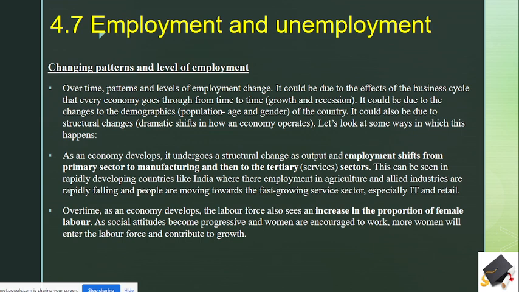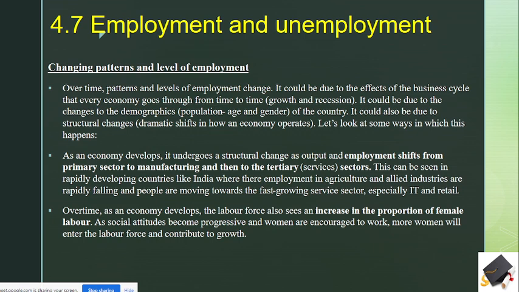The other one: as an economy develops, it undergoes structural changes as output and employment shift from the primary sector to the manufacturing sector and then to the tertiary one. If you remember, we already had a discussion on primary, secondary, and tertiary. The business has moved from primary to manufacturing and then the tertiary level, where you have to give services like the IT sector.